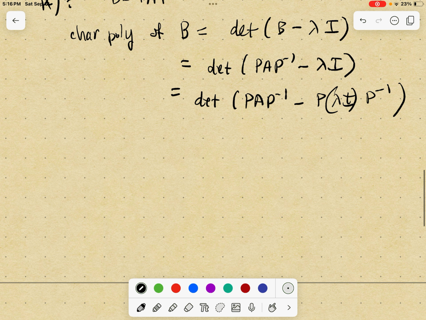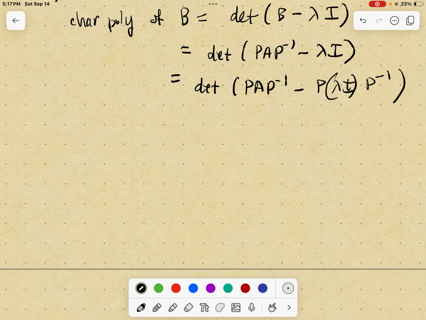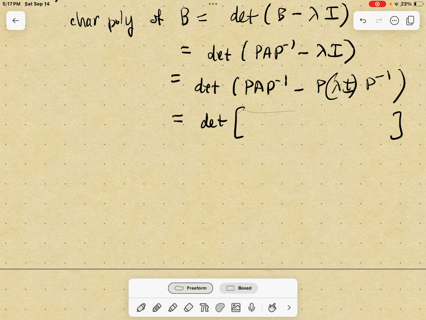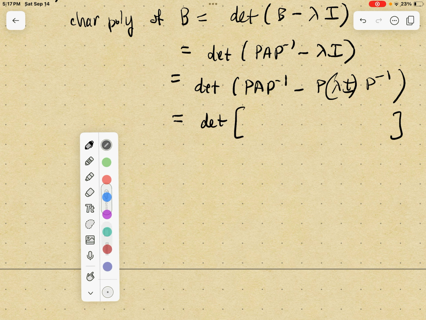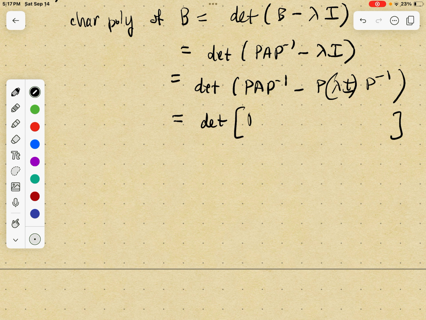Okay, because when you have lambda I, times P, you can move the lambda out, right? And so this expression on the inside, I can write as P times (A minus lambda I) times P inverse by the distributive property of matrices.